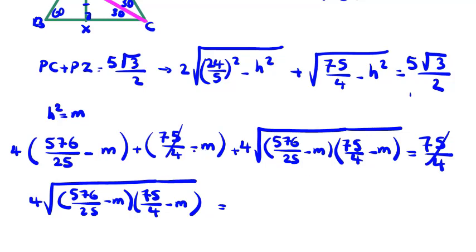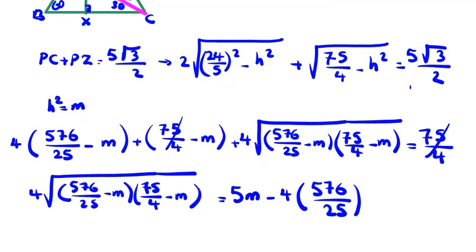Negative 4m minus m will be 5m, and here it will be negative 4 times 576 over 25.